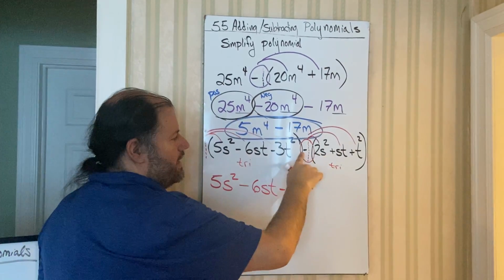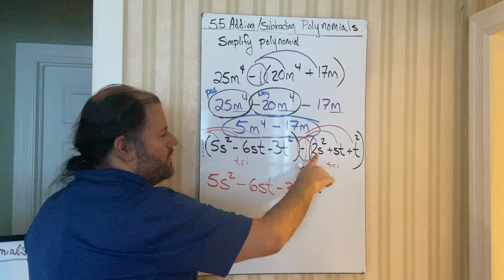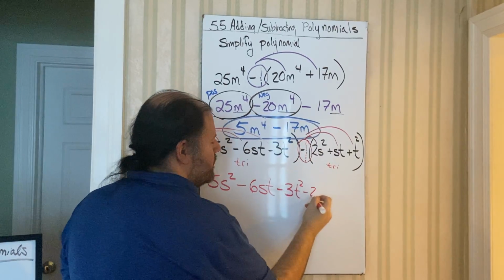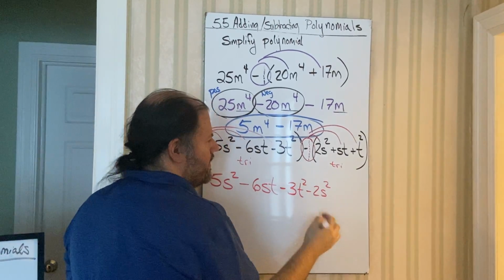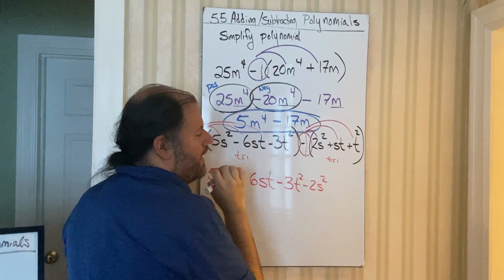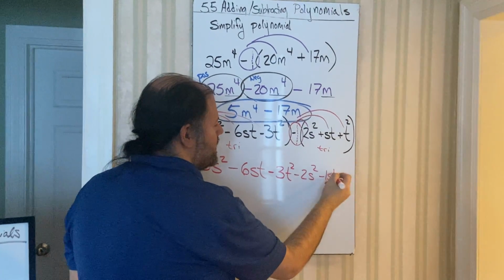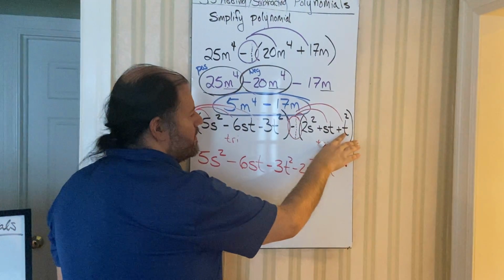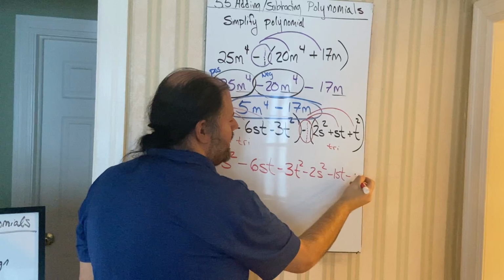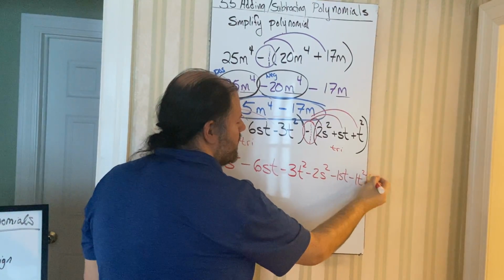When I distribute a negative 1 here, negative times positive makes it a negative 2s squared. Negative 1 times positive 1 will make it a negative 1st. Negative 1 times positive 2 will make it a negative 1t squared.